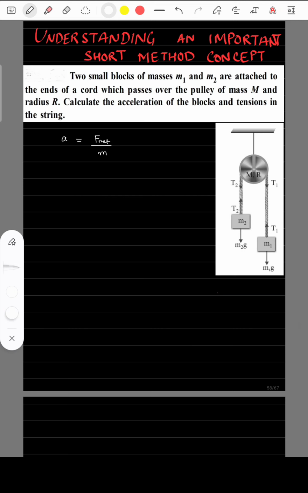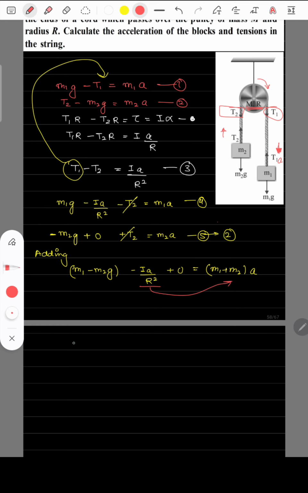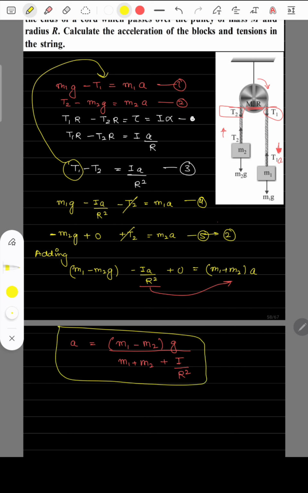Taking this term to the right hand side and solving for a, we get acceleration equal to (m1 minus m2) into g upon m1 plus m2 plus I by R square. So this is the acceleration formula considering the moment of inertia of the disc.